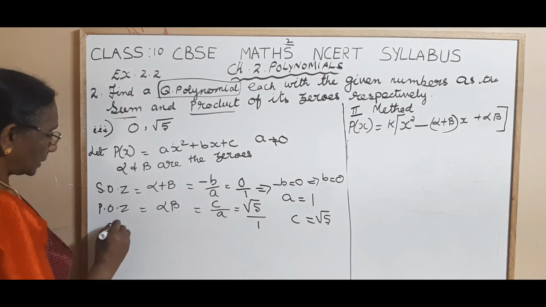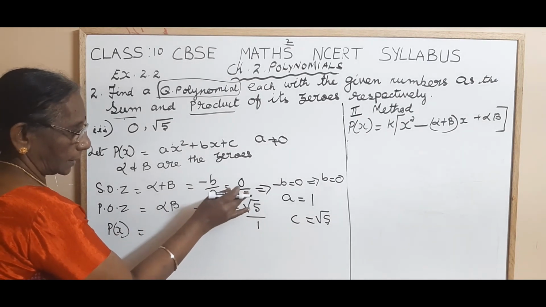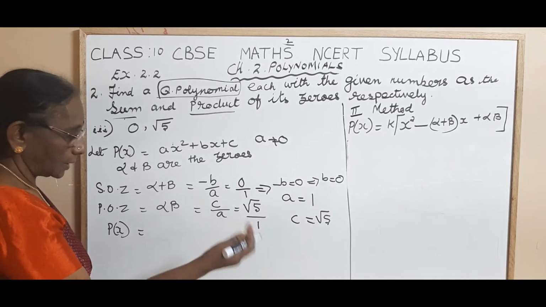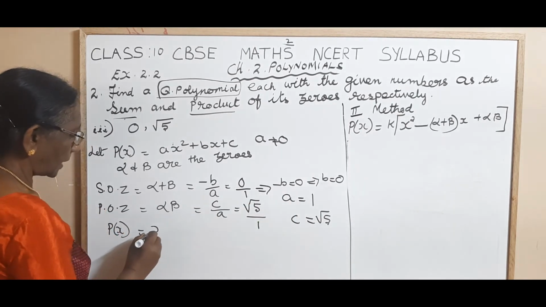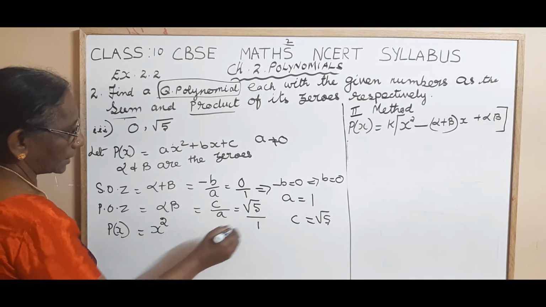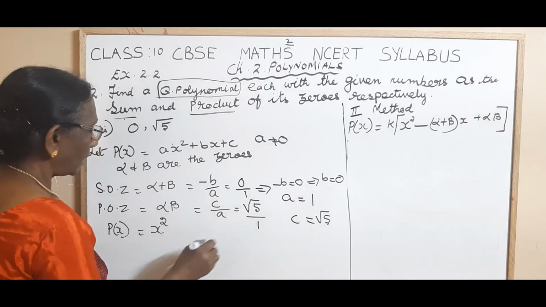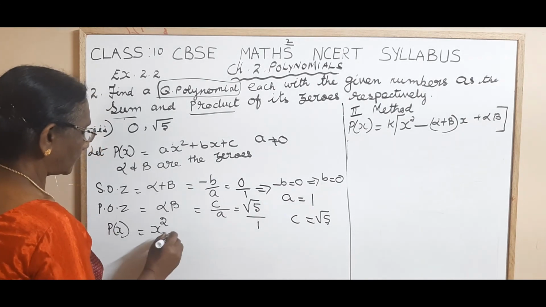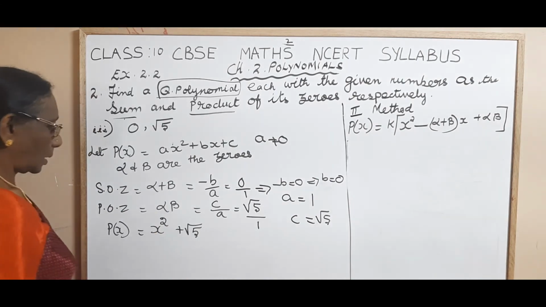So what is the polynomial P of x? Here no need to do anything because the a value is 1 here and 1 here also. So it's very simple. A is equal to 1, so 1 into x squared is x squared. And b is 0, so no need to write the middle term. And c is plus root 5. Okay, children?